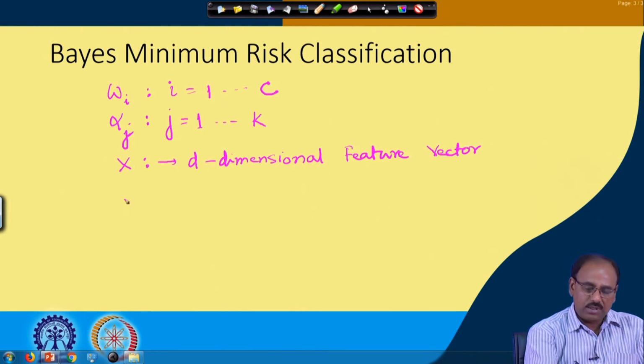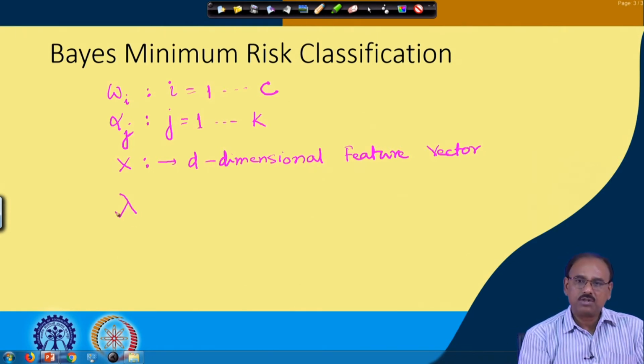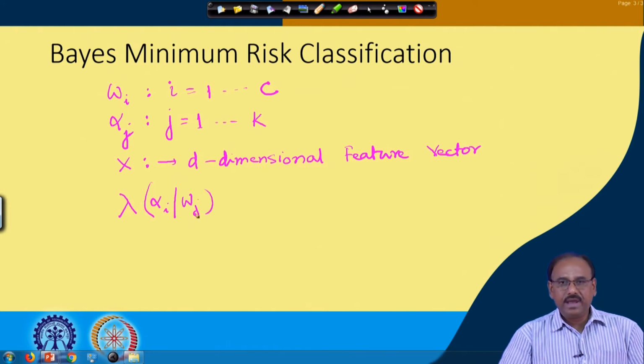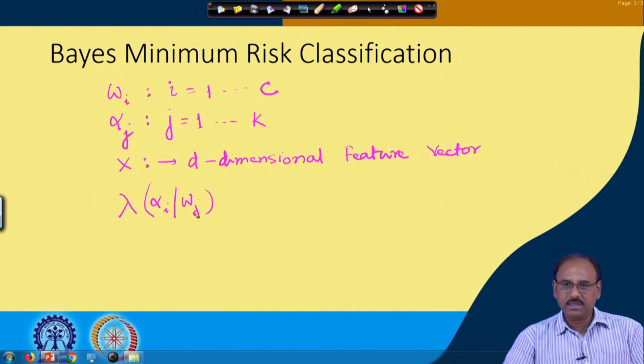This loss function is lambda of alpha i given omega j. That means, if I take an action alpha i, where the true state of nature is omega j, or the true class is omega j, then the loss that we incur is lambda of alpha i given omega j.